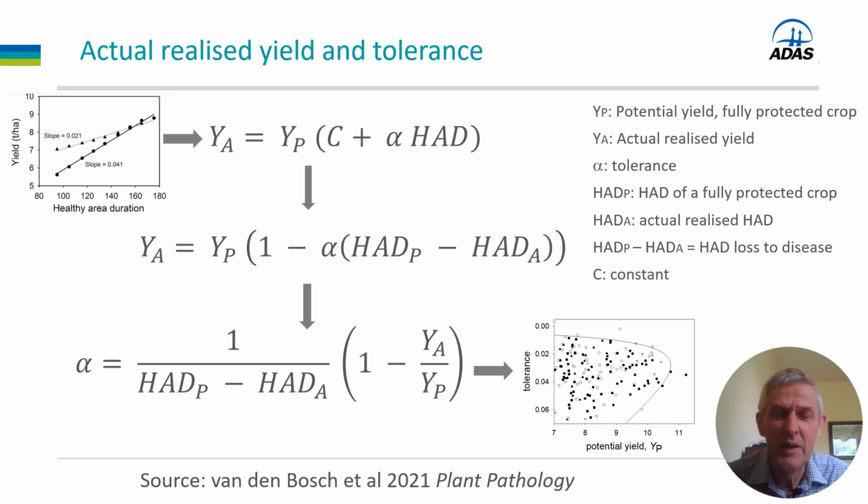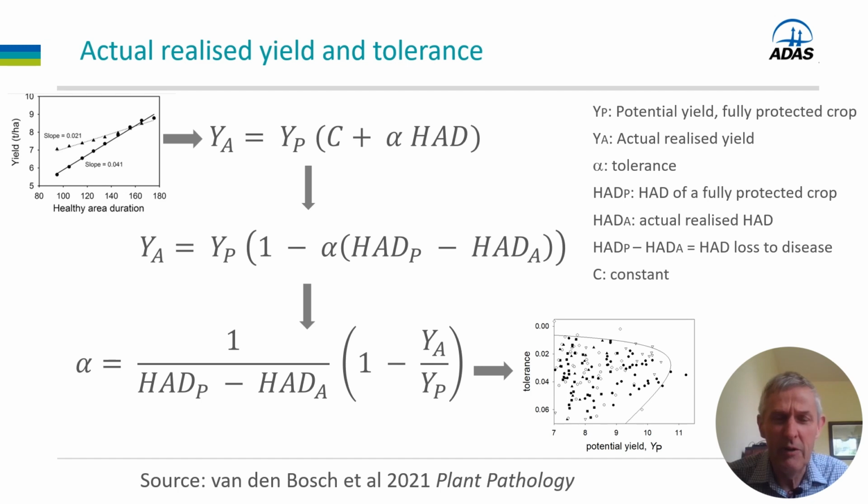The equation to the right of that diagram describes that straight line. So for any level of HAD that we manage to achieve in reality in a crop, and for any given potential yield, we can calculate from this straight line what the actual realized yield would be. And of course, in practice, it's the actual realized yield that we're interested in.